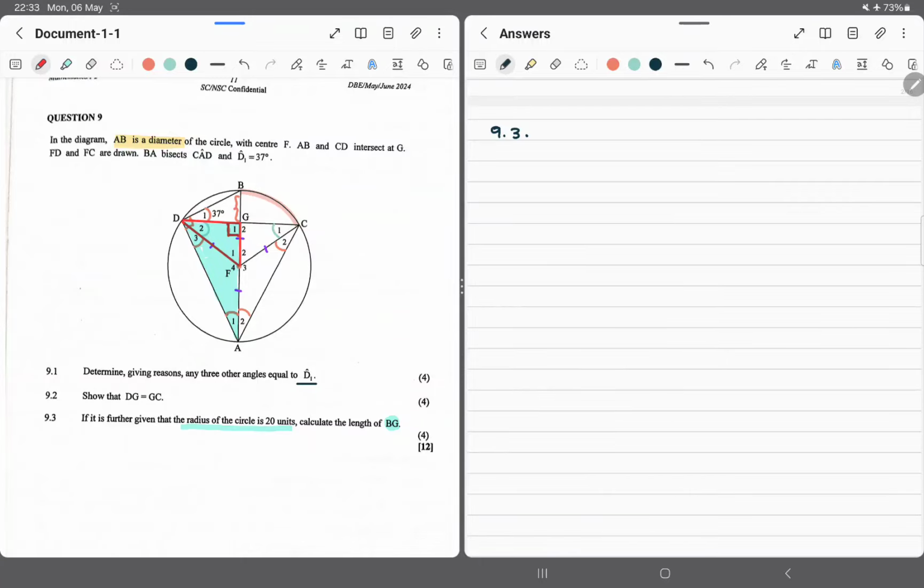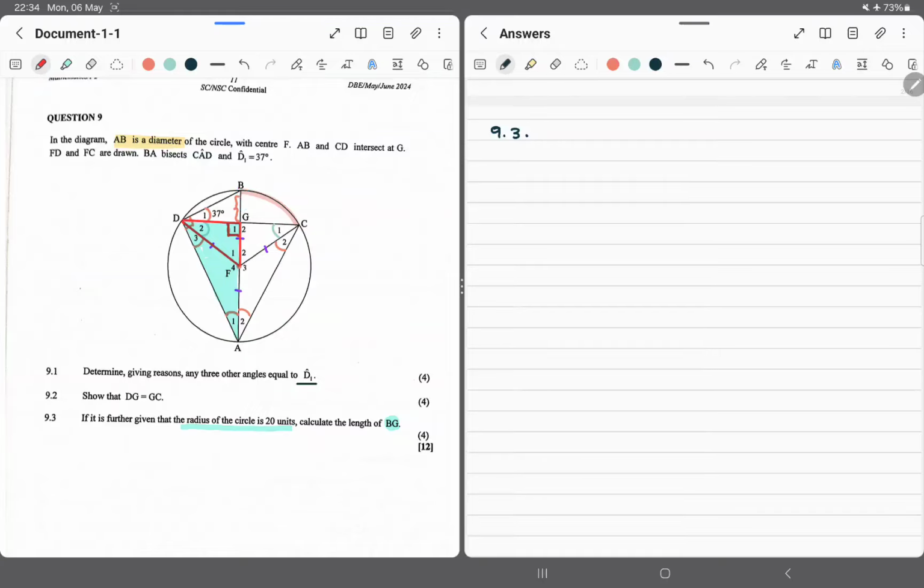Now, the length of the radius is basically FB. Can you see FB is going to be the length of the radius? Now, if we find FG by using this triangle DFG, we can actually work out that side pretty easily.